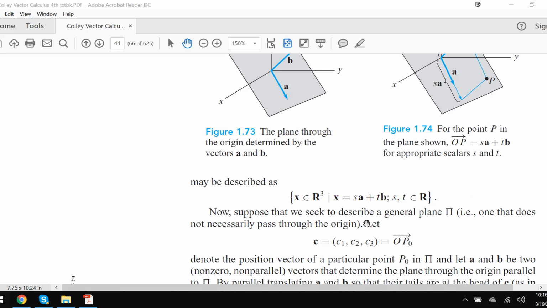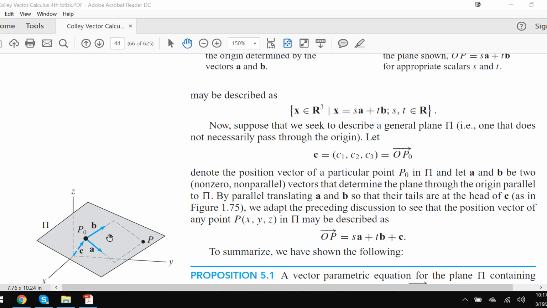Okay, next, suppose we seek to describe a general plane, one that does not necessarily pass through the origin. So let's suppose that we have a point C in the plane, and let A and B be two non-zero, non-parallel vectors that determine the plane through the origin and parallel to our plane.